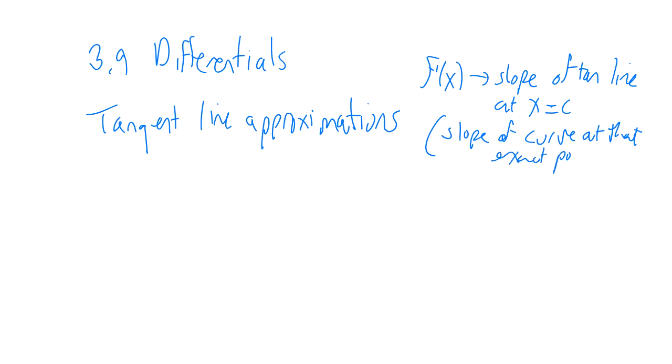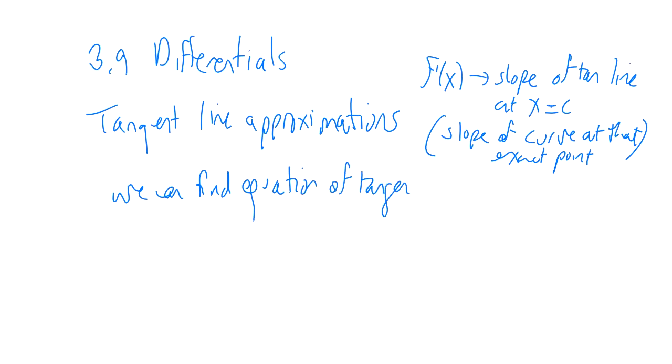But remember, we can also find the equation of the tangent line. Once we have the slope and the point, we can find the equation. So if I have a curve with the tangent line, and that point is x, I take that back, let's use c.